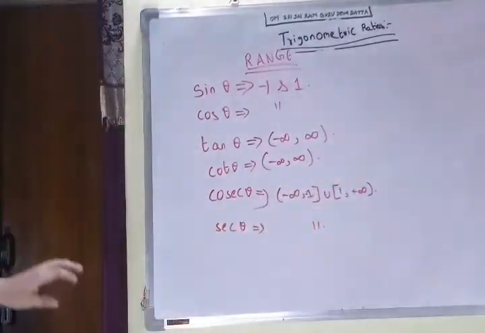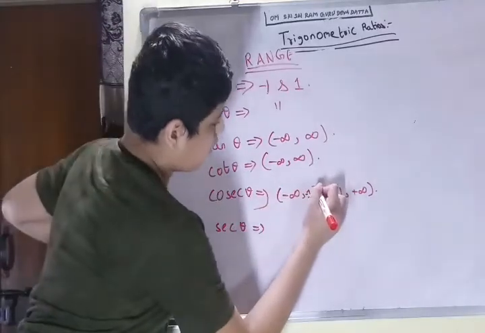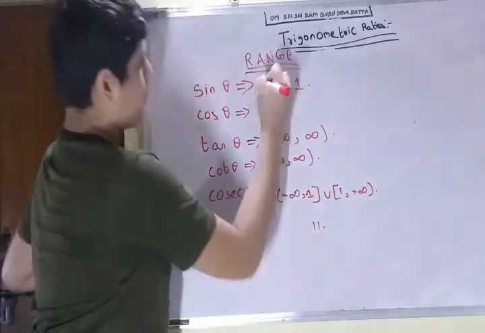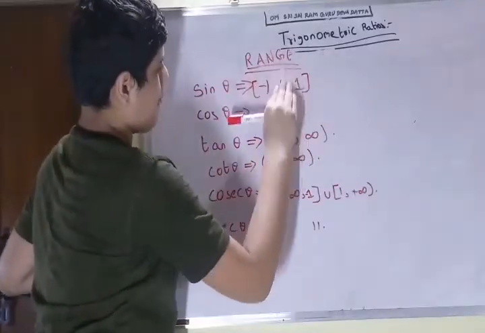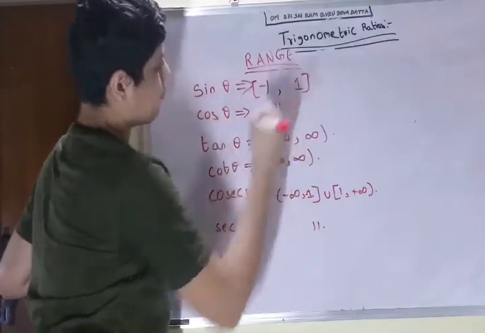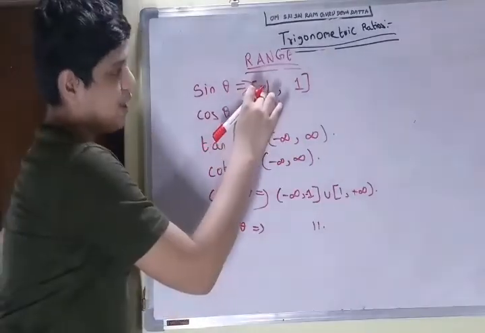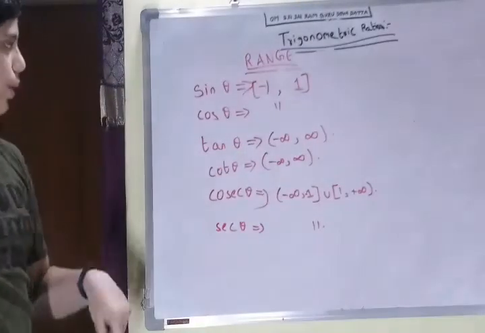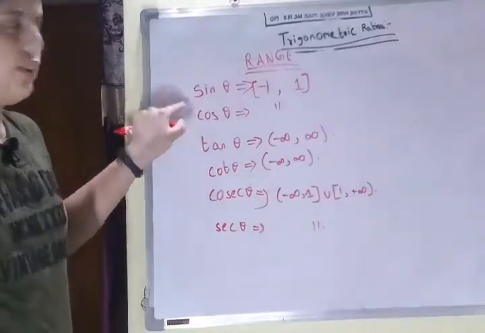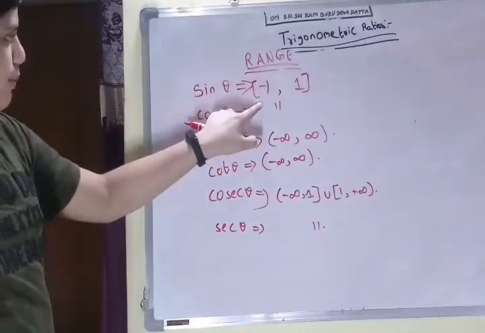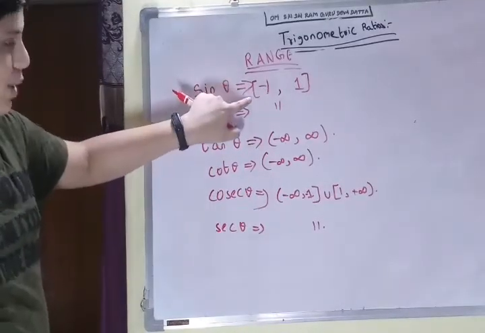Now you must be thinking why I have put square brackets here. Square bracket represents that this value is also counted. So here for sin theta, the least value of sin theta can be minus 1, that's why I have kept a square bracket here.